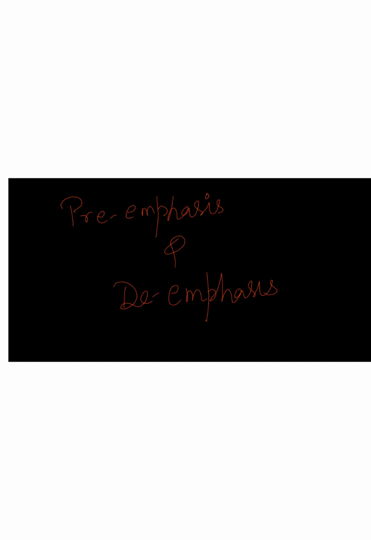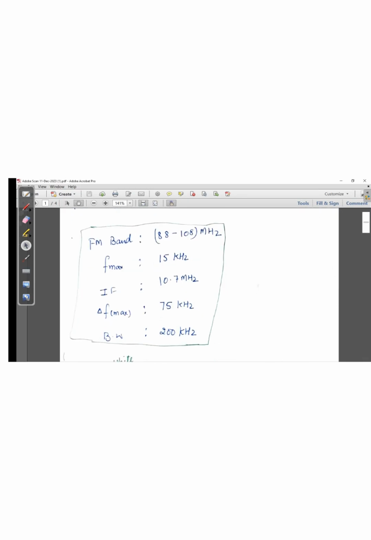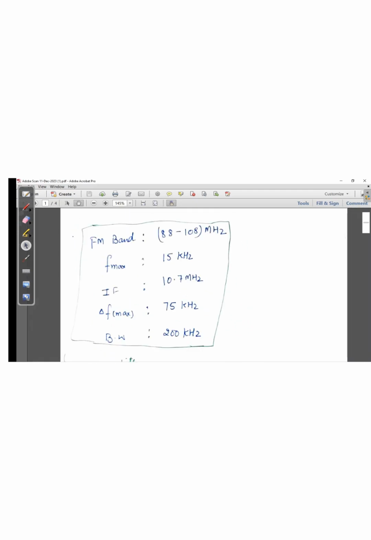Before moving to the topic, we must know what the frequency band for an FM signal is. The frequency band for an FM signal is 88 to 108 megahertz. The maximum frequency of message signal we are taking is 15 kilohertz.